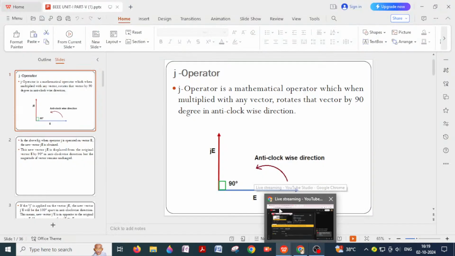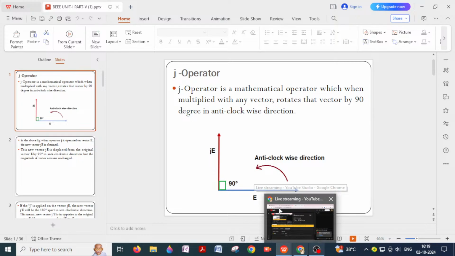So J operator is a mathematical operator which, when multiplied with any vector, will shift that vector's angle by an angular displacement of 90 degrees.